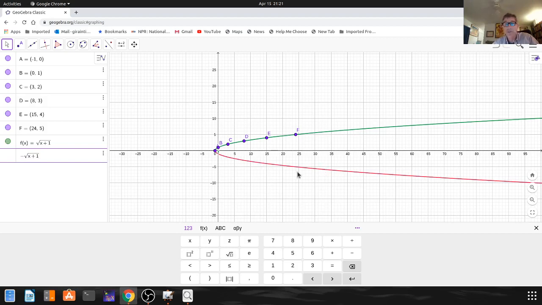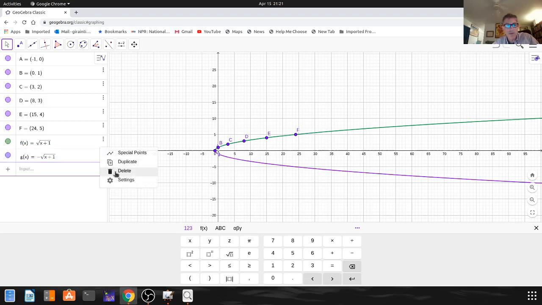And it would also be a function too, because its plot would just be the red line. So I could not plot plus or minus all of the square roots, because then that would not be a function. So a function has to take this upper branch right here, it's called the positive branch of the square root, and this lower branch down here, it's called the negative branch of the square root.